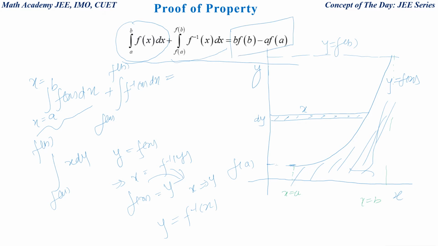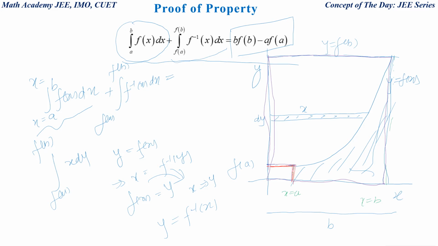You can observe this is nothing but b times f(b), meaning this is the width b and this is the height f(b). This represents the area of this rectangle. And a times f(a) represents the area of this smaller rectangle.